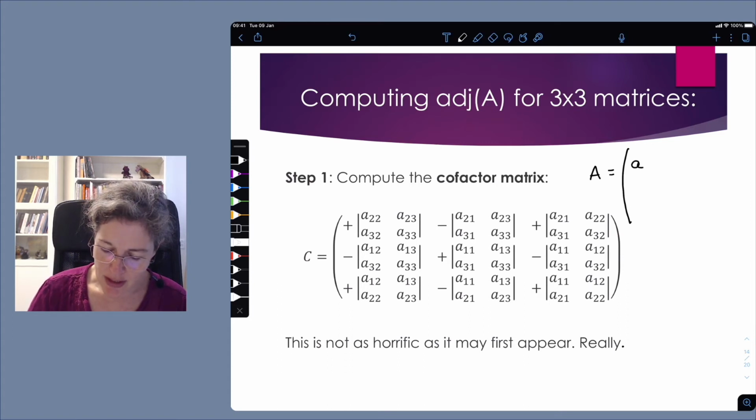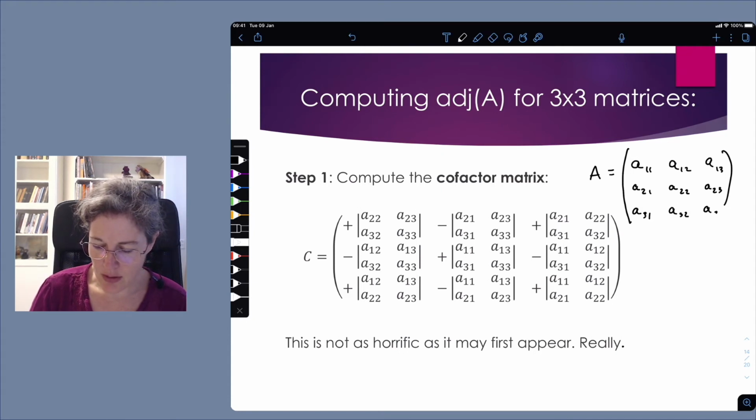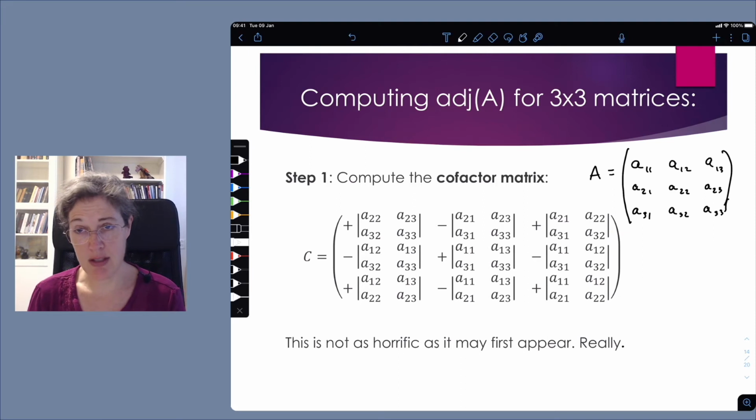So my matrix A is A11, A12, A13, A21, A22, A23, A31, A32, A33. Okay, so that's what our matrix A looks like.